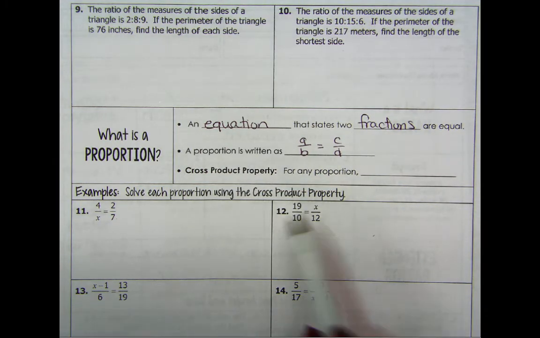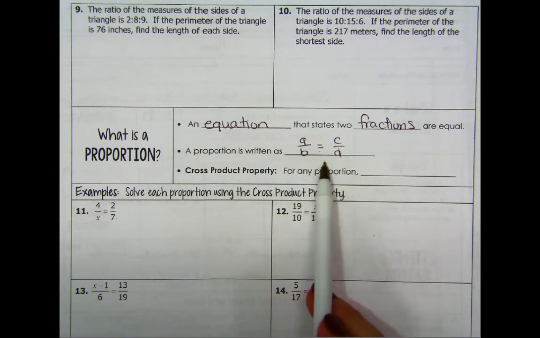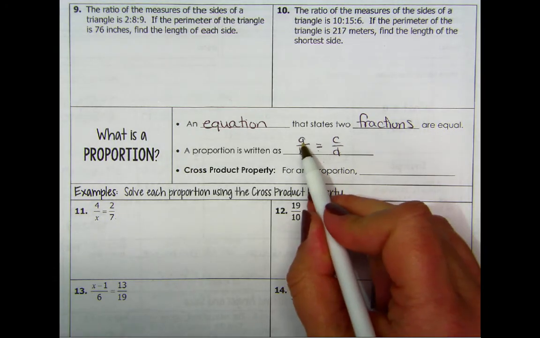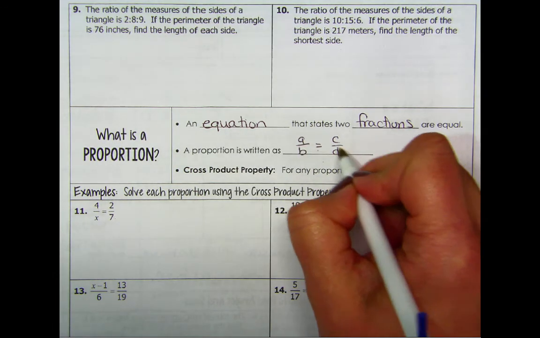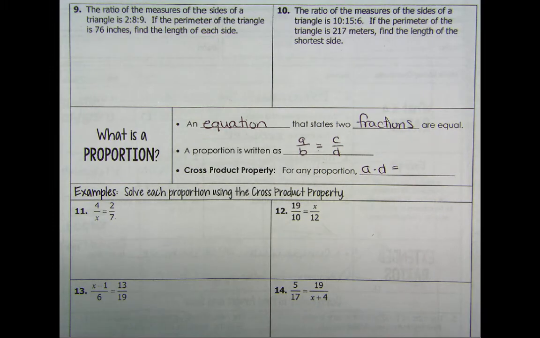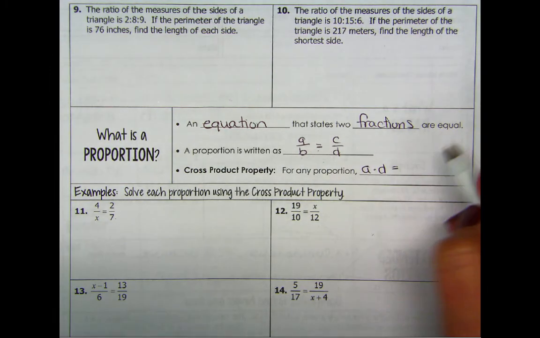So it's an equation that shows that two fractions are equal. And when we solve a proportion, we usually will cross multiply. So in our proportion up above, if we cross multiply a times d, it should equal the same thing as we get when we multiply b times c.